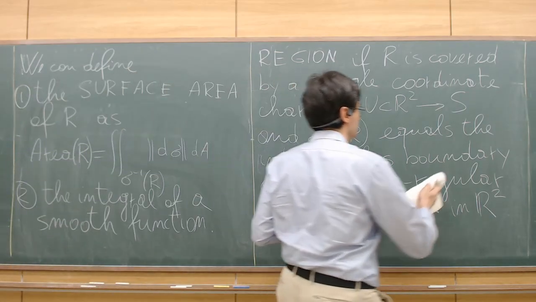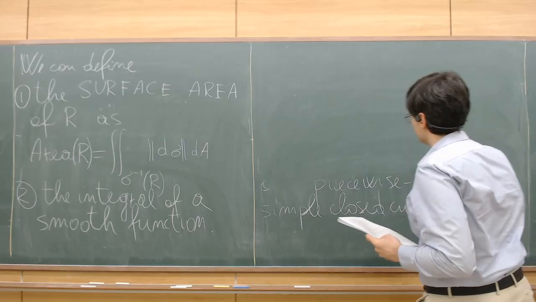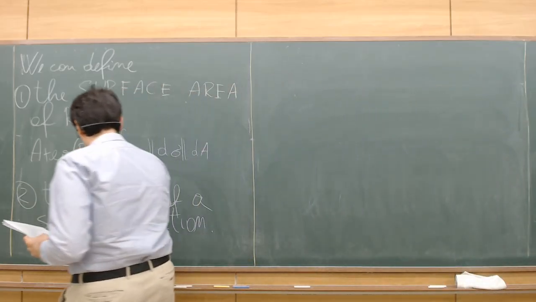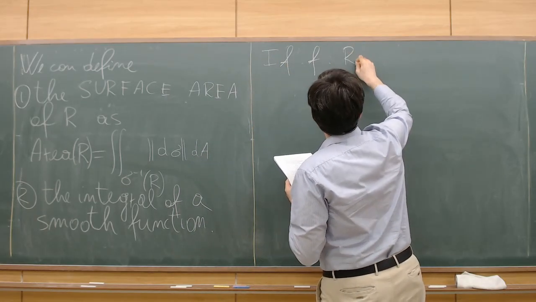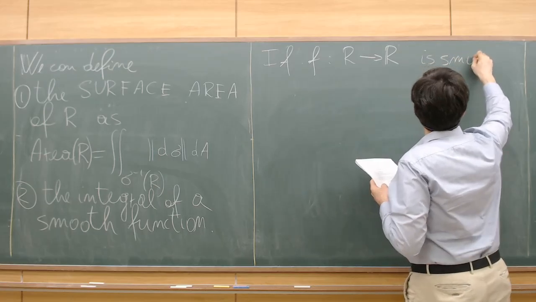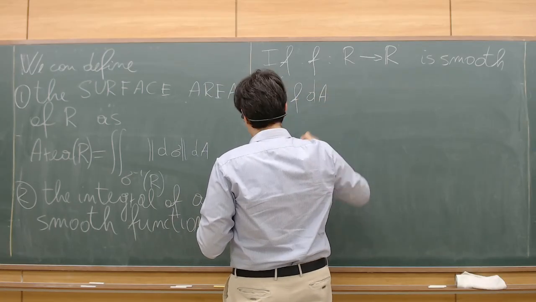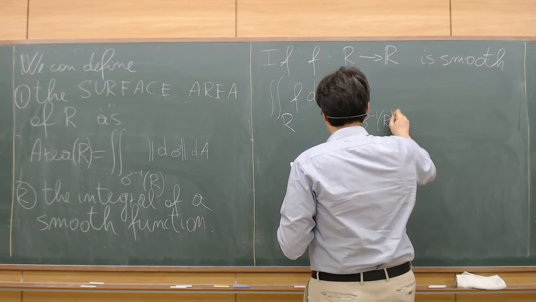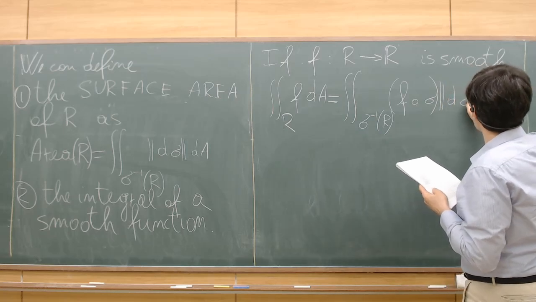Precisely, if f, defined on R with values in the set of real numbers, is smooth, then the double integral of f over R is defined as the double integral over sigma inverse of R of f composed with sigma, multiplied by the area distortion of d sigma, dA.